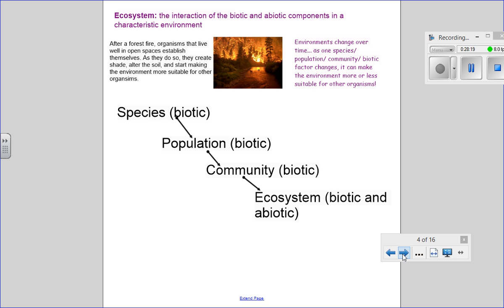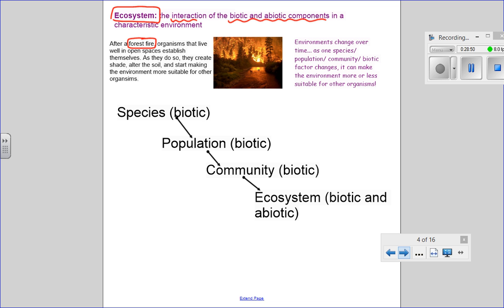And then the last level that we would talk about is the level of ecosystem, which would be the biggest level. In an ecosystem, that's the interaction of everything else that we just said. So how are all of these things, biotic and abiotic factors, interacting? I gave a pretty specific example here to show how biotic and abiotic factors would interact. The example is a forest fire.